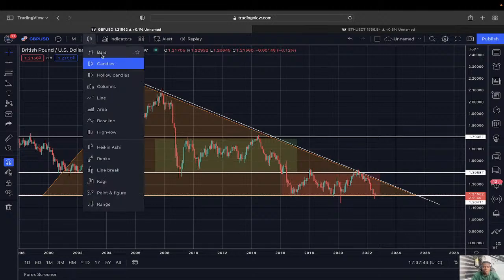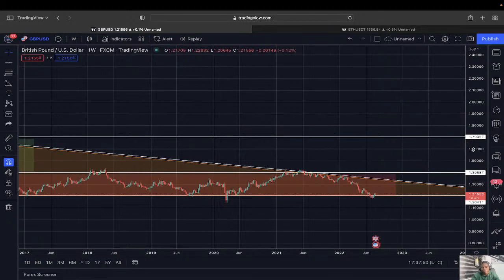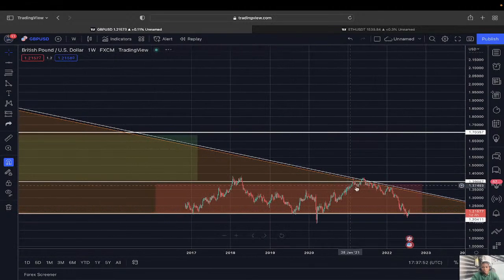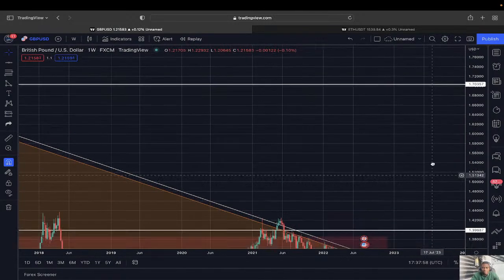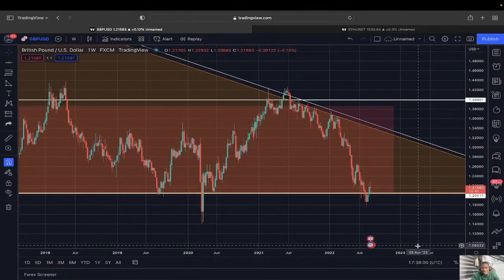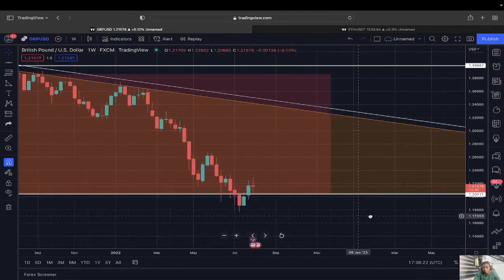All right, let's go down to the weekly time frame. On the weekly time frame, we can see something clearer happening at this support level. Price could not break through this support level but was pushed up. You can see the bullish pressure that came in here.